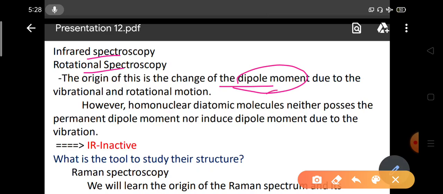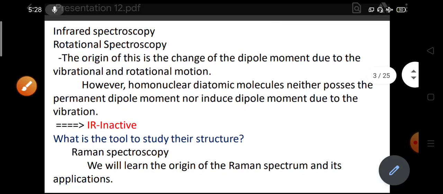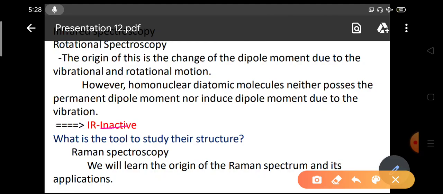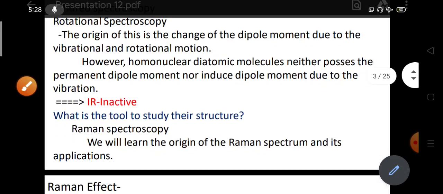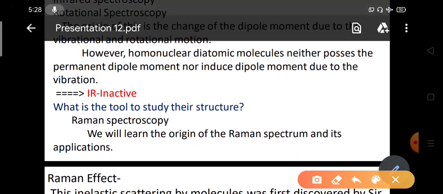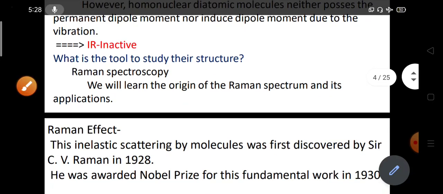However, homonuclear diatomic molecules like H2, O2, N2 neither possess a permanent dipole moment nor an induced dipole moment due to their vibration or rotation. So they are IR inactive, rotationally inactive. So what to do? How to study their structure, or what is the tool to study their structure? The answer is Raman spectroscopy, and we will learn the origin of the Raman spectrum and its application.